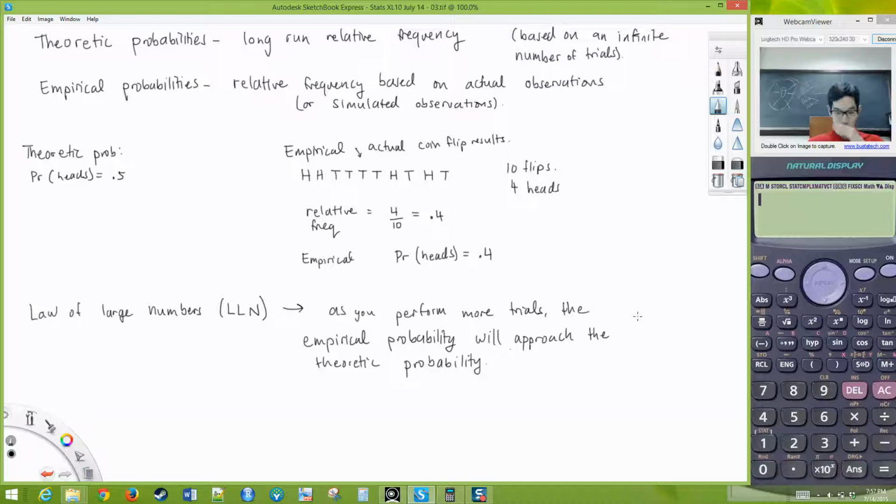So you might go to Vegas and quote unquote get lucky and win and walk away with some money. But in the long run, the more you play, the actual probability or relative frequency that you observe in your games will approach the theoretic probability, which are always in the casino's favor.